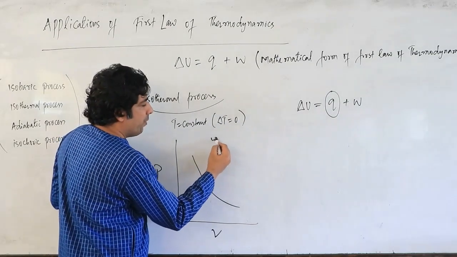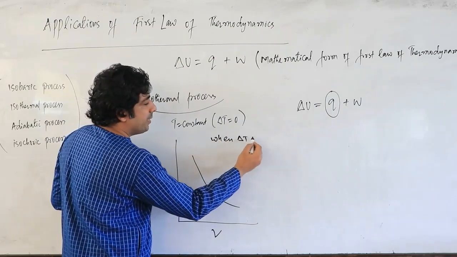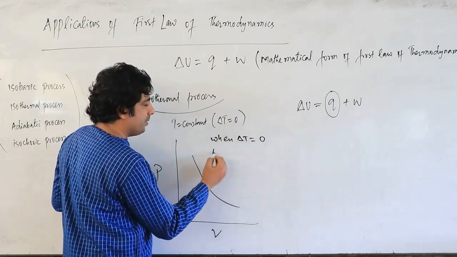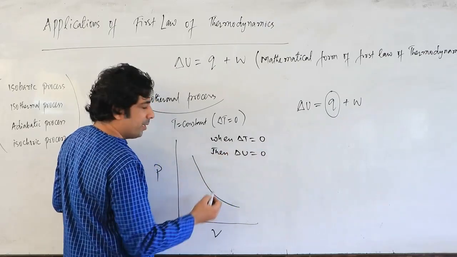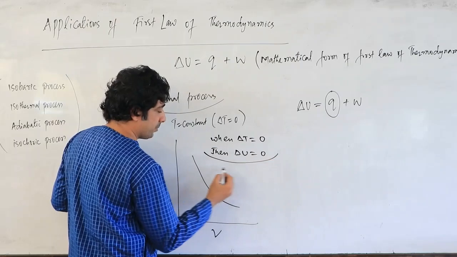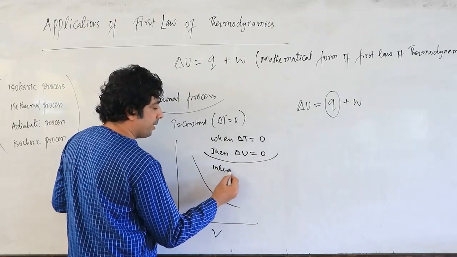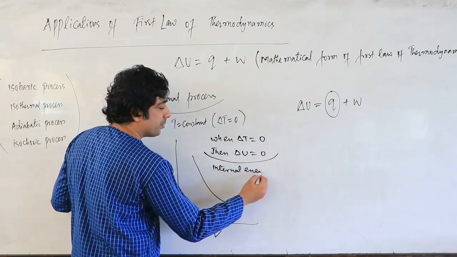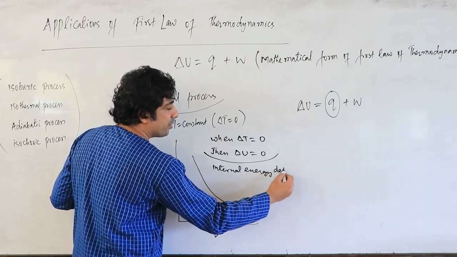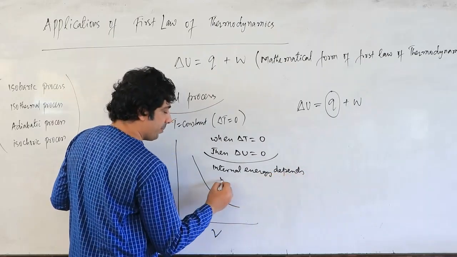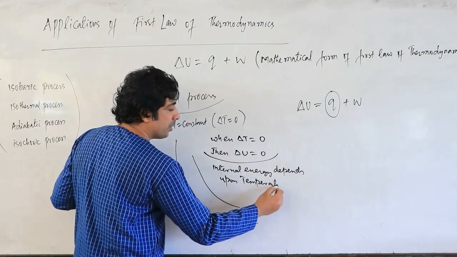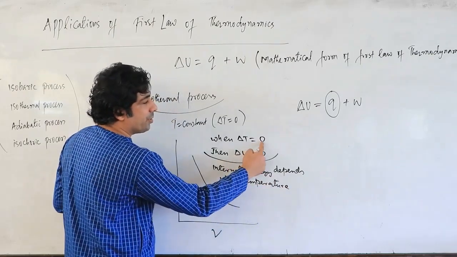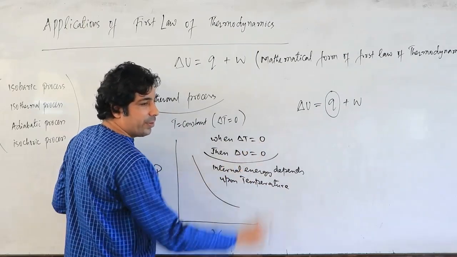So when delta T is 0, delta U is also 0, because internal energy depends upon temperature. So when the change of temperature is 0, the change in internal energy will also be 0.